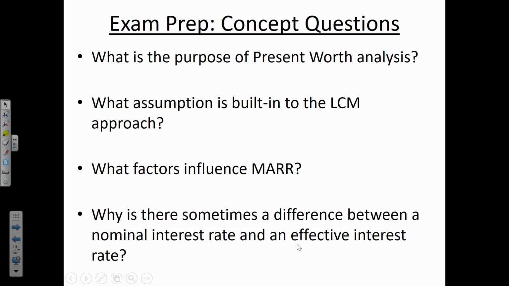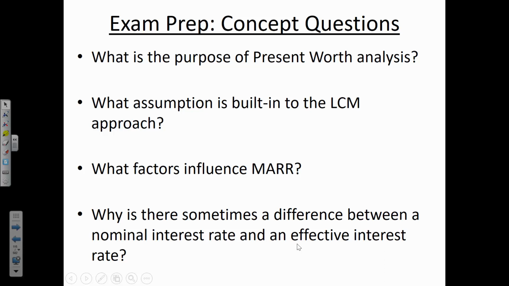What's the effect that makes it so a 24% nominal interest rate could actually, on an effective basis, be 27%? Compounding. It's the compounding frequency, and you're essentially paying interest on interest.